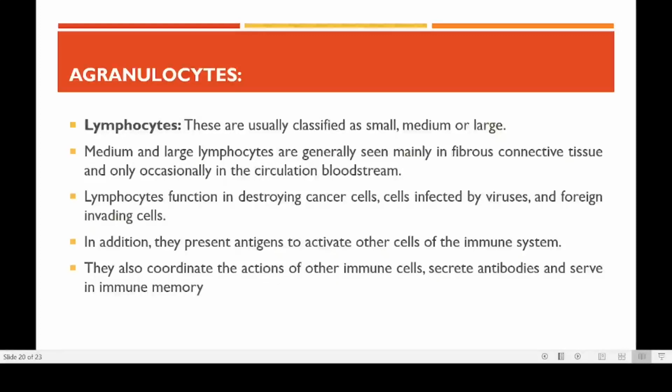So one function of the lymphocyte is that they secrete antibodies, and there are different types of antibodies. Each antibody is capable of destroying a certain specific type of virus or other type of microorganism. So these are the functions of the lymphocyte.